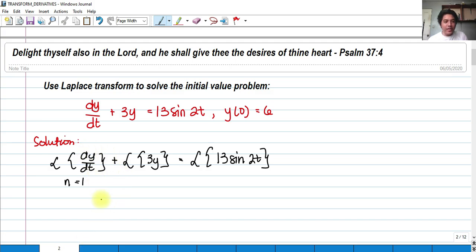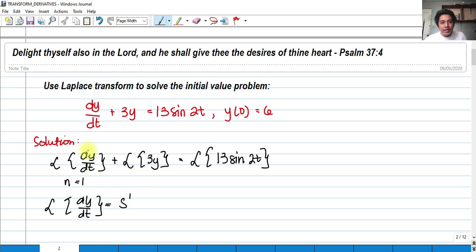So by properties of Laplace transform, we can individually get their Laplace transform. So the Laplace transform of dy over dt would be, from our formula a while ago, our n is 1, so we have s raised to 1.